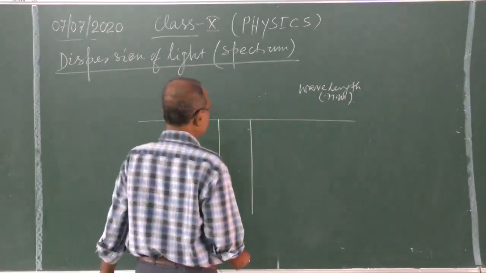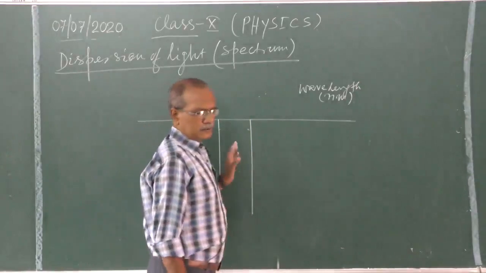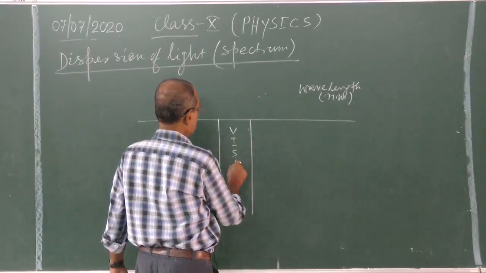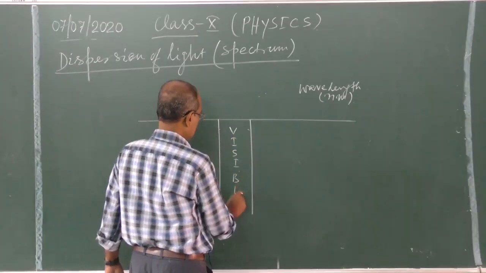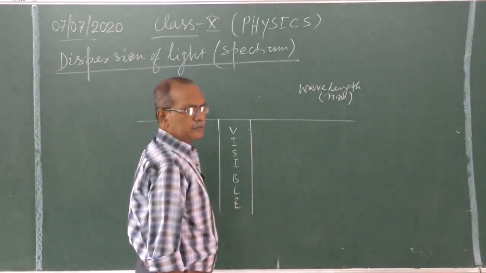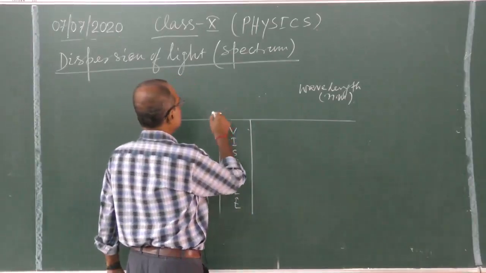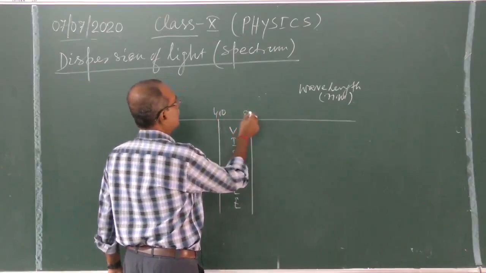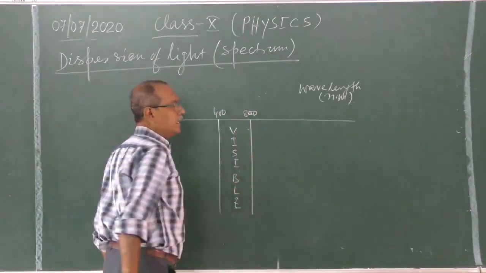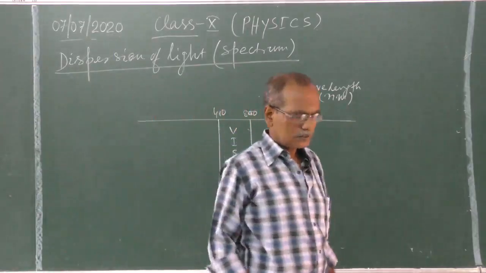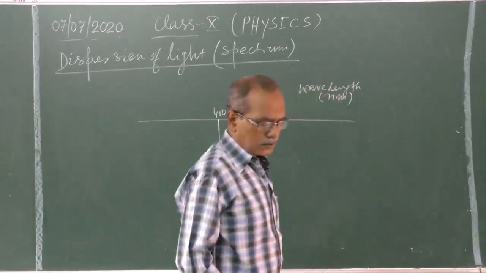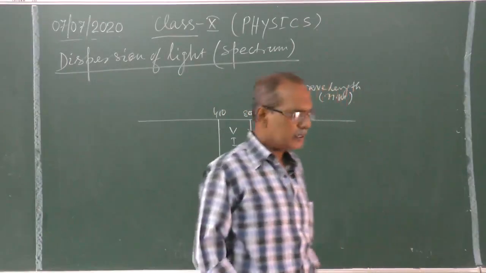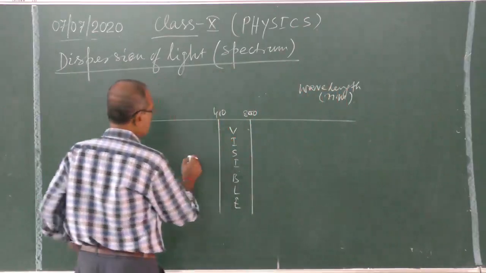This is the visible region, so this will be 400 nanometer and this one will be 800 nanometer. Now, less than 400 is the ultraviolet region.